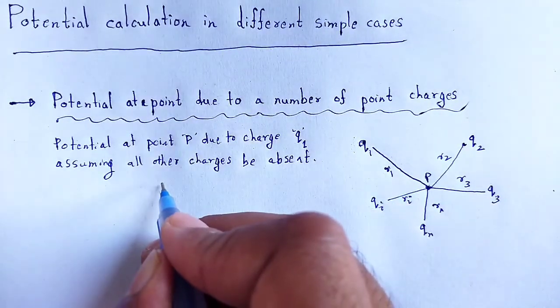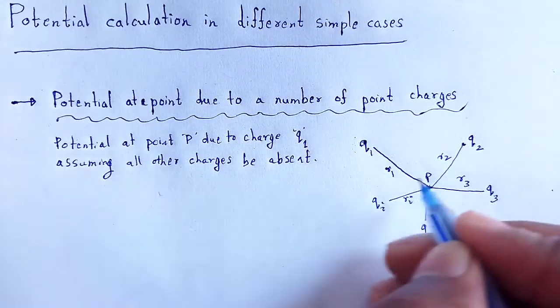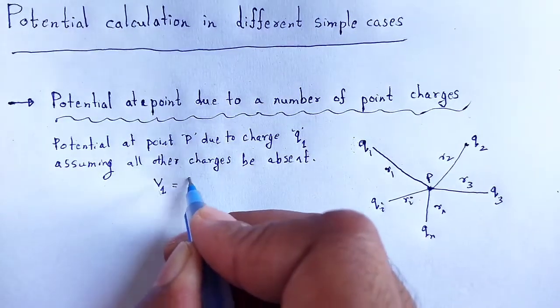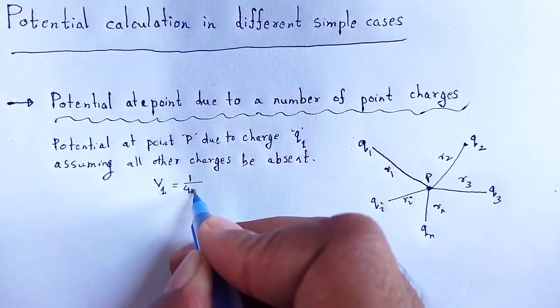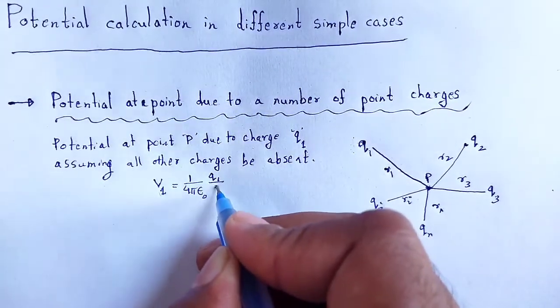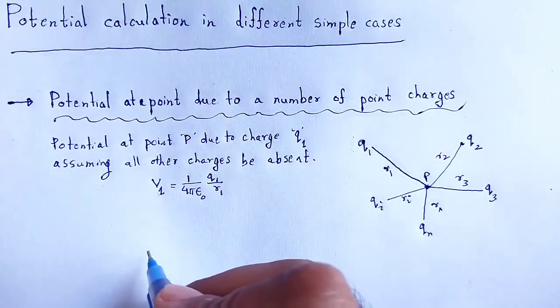Let that potential at point P due to the charge Q1 be V1, that is 1 by 4 pi epsilon naught Q1 divided by r1.